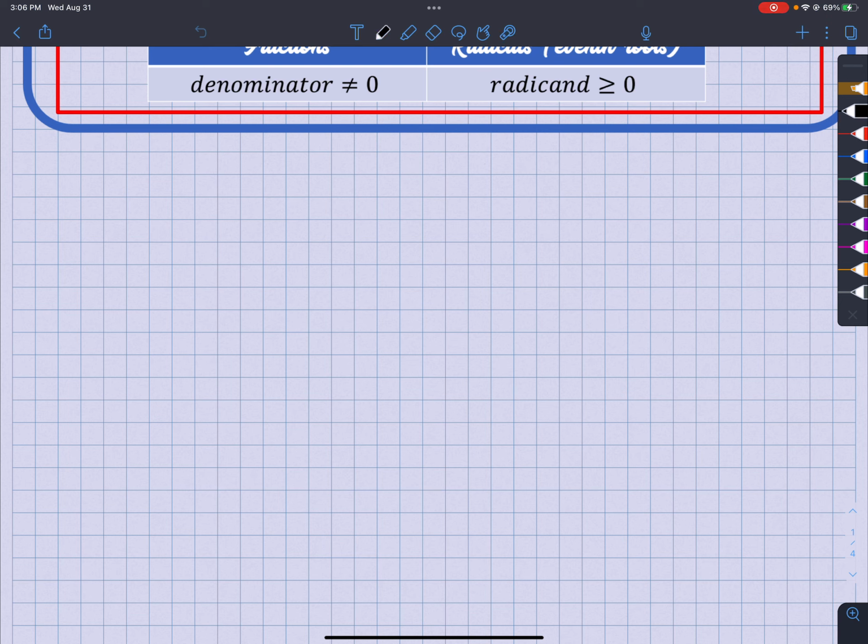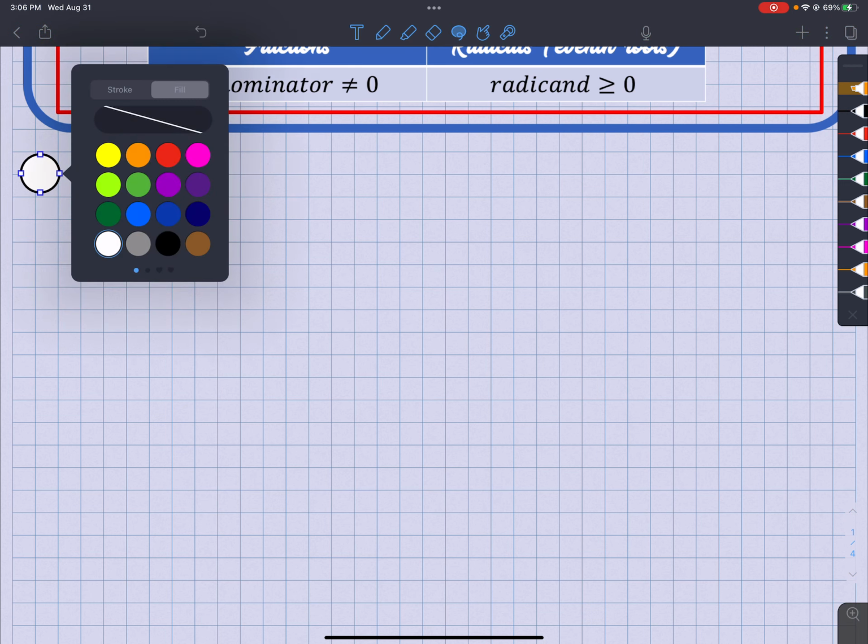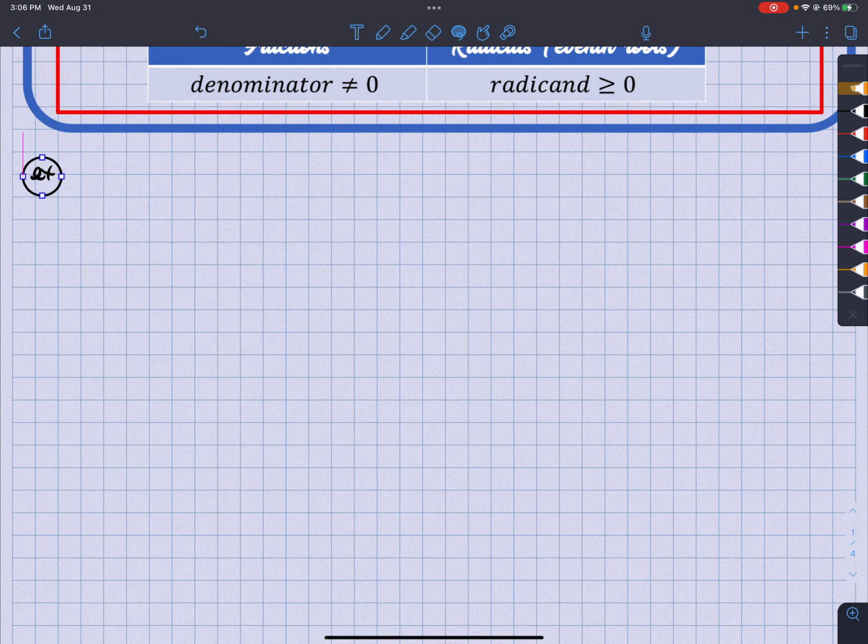So let's say, for example, that g of x is equal to x divided by x squared minus 144.